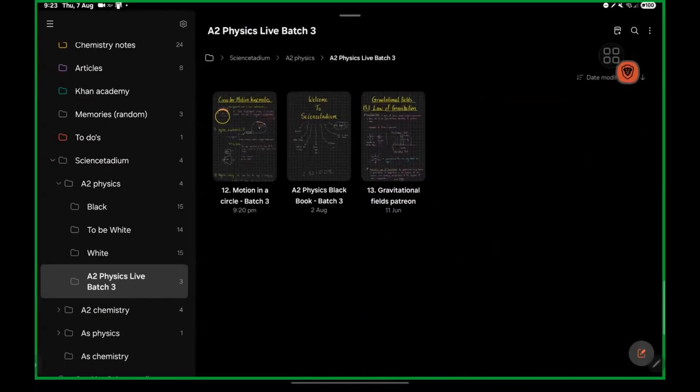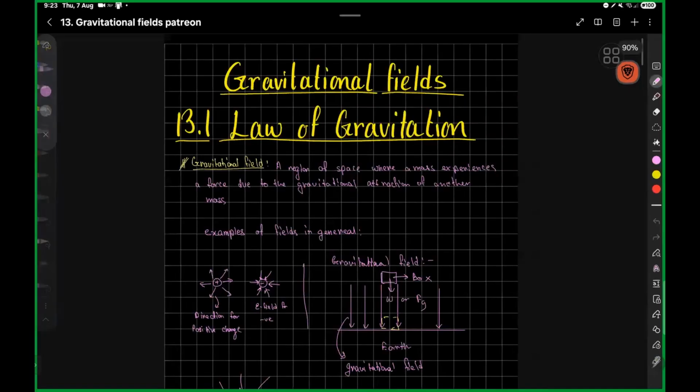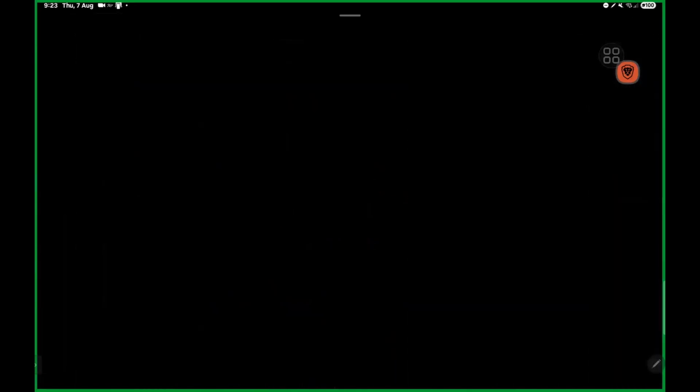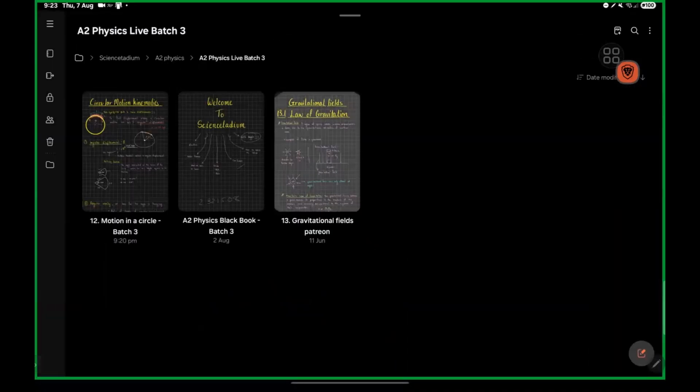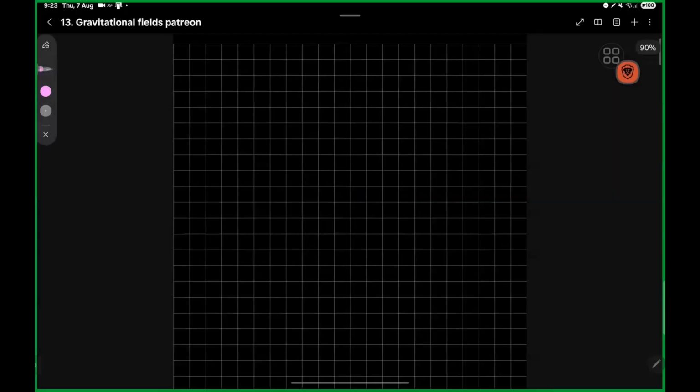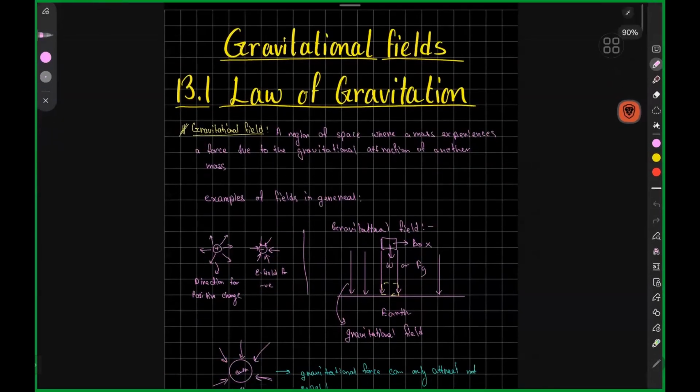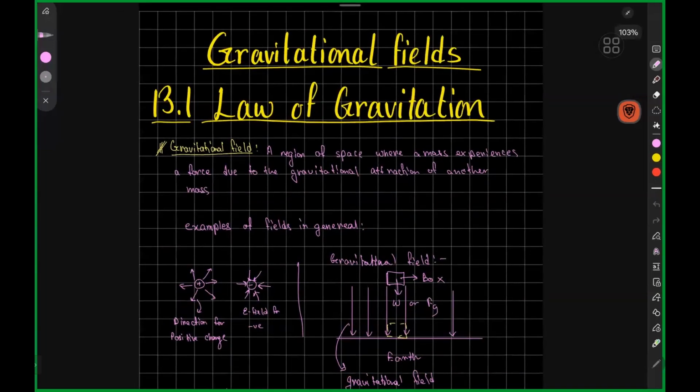So that is motion in circle. What is next? Gravitational field. So this is gravitational field. Yeah, this is a very interesting topic again. Love this topic. A bit of background, let's say.